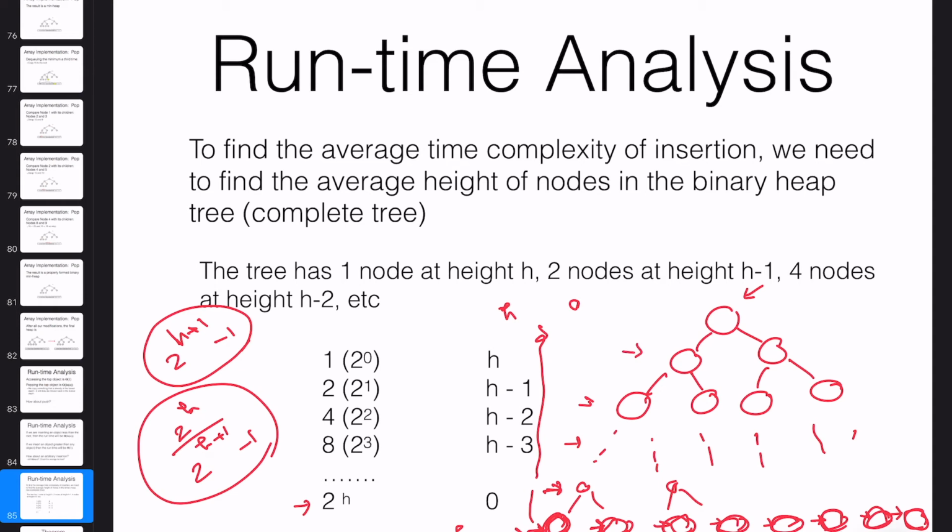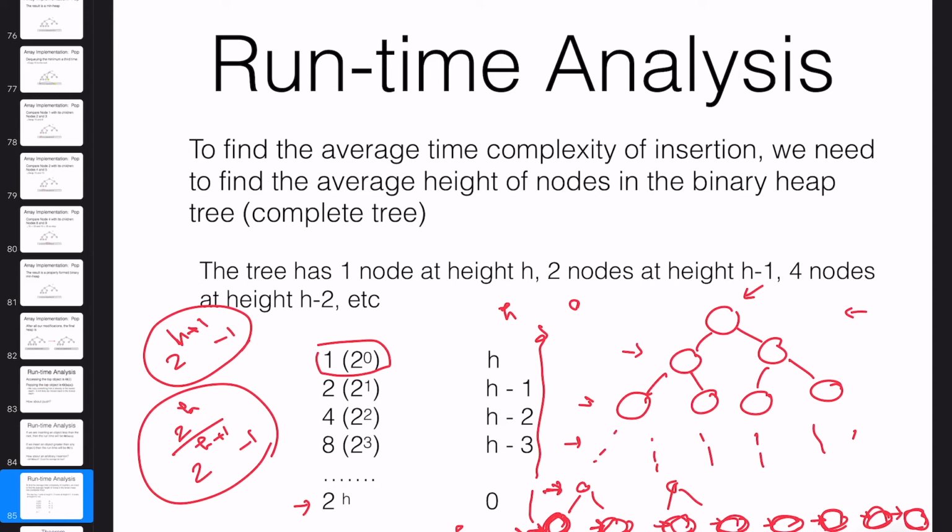But to be precise, how can I calculate it on average? I would ask how many items I have at level 0. At level 0, I'm going to have 2 power 0 leaf nodes. How many nodes do I have at level 1?